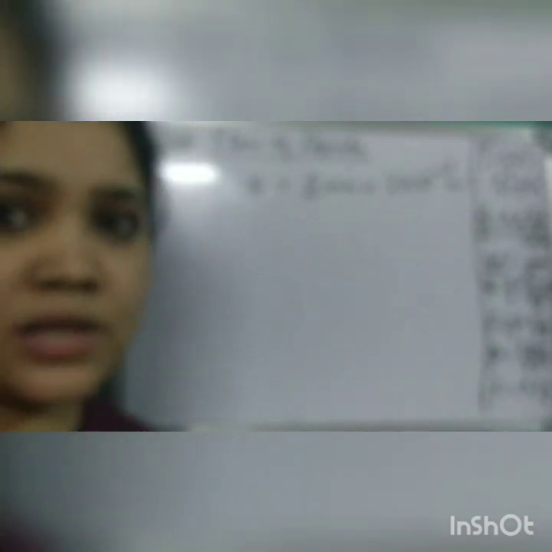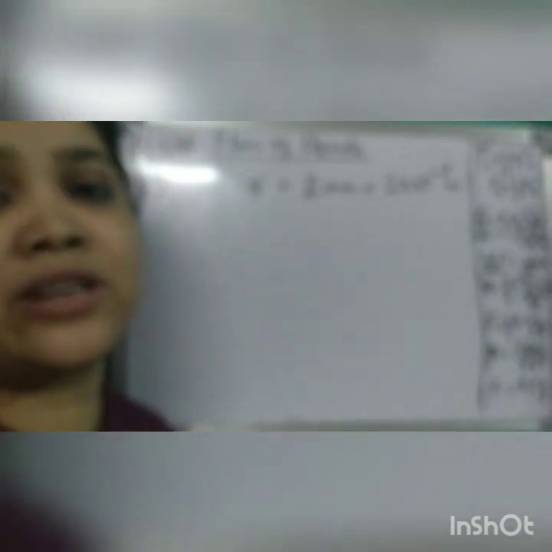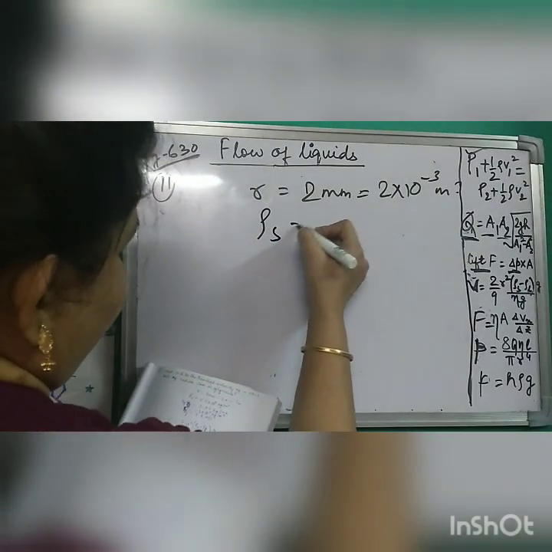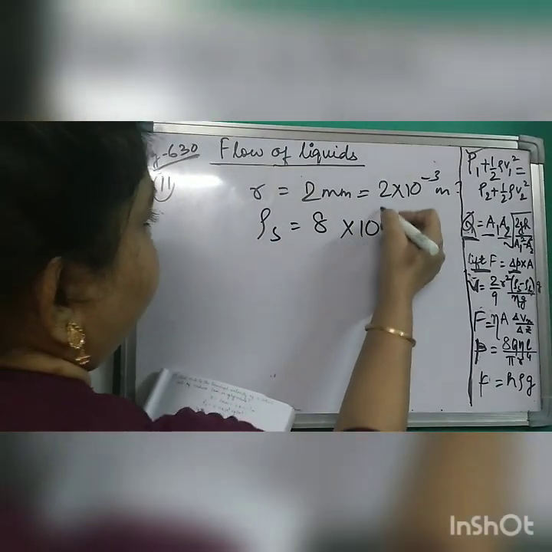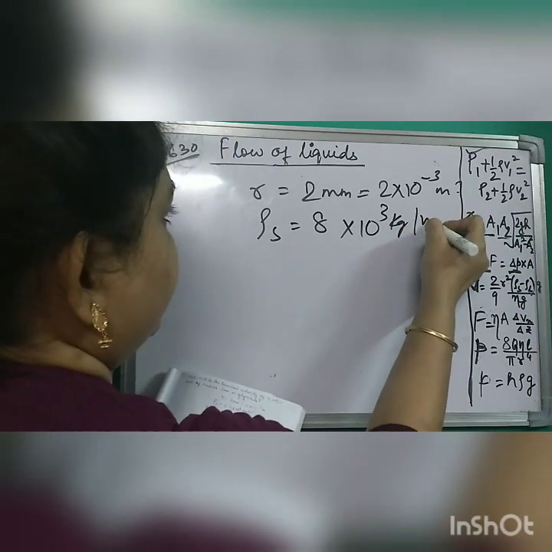As I told you, students, at the beginning of the numericals, in a pink box, different values are given. From there I have copied the values; when you are doing it, please refer to it. Here it is given that the density of steel is 8 into 10 to the power 3 kg per meter cube.